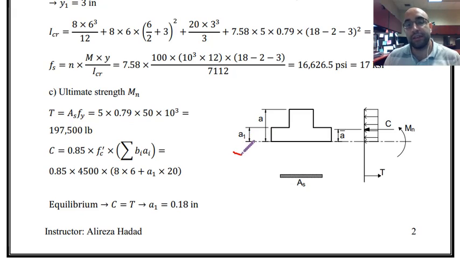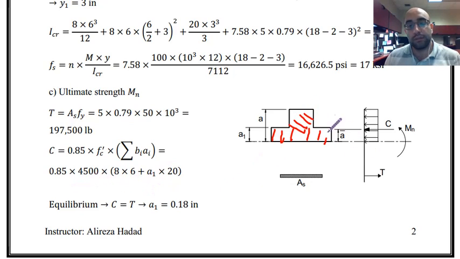If I get a negative value as A1, it means my assumption is wrong. If I get a positive value for A1, it means that my assumption is right and the compression block is extended to the lower rectangle. So based on this, I'm going to calculate the compression force by multiplying the stress by the area that we have over here.